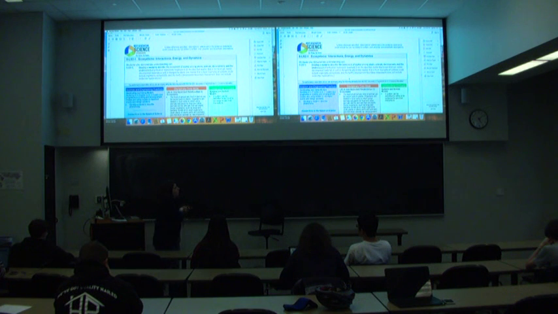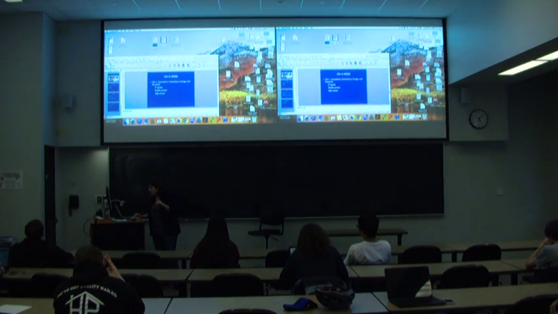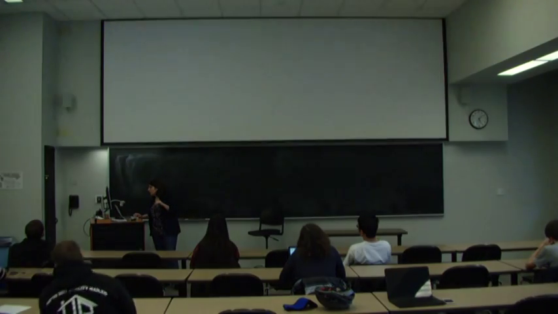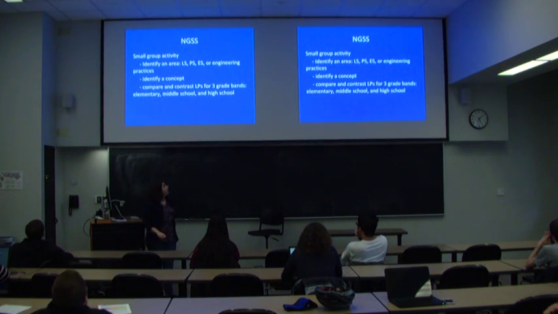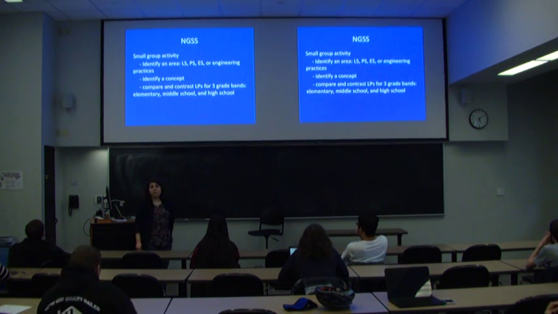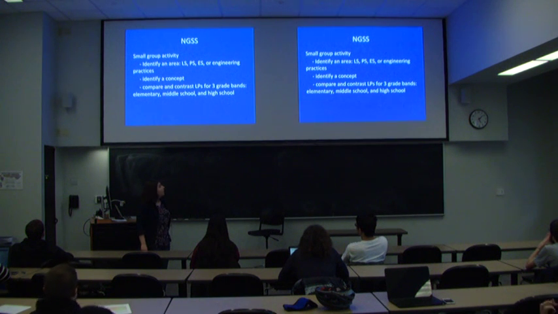Okay, so we have about 10 minutes, right? So what I want you to do is, some of you have laptops. I want you to go to this website, NGSS, if you can Google NGSS. This is going to be group work for the rest of the time. Identify a concept area: life science, physical science, earth science, or engineering.